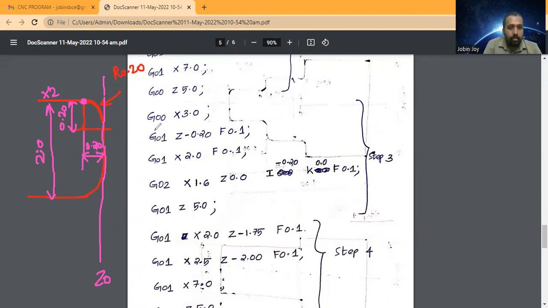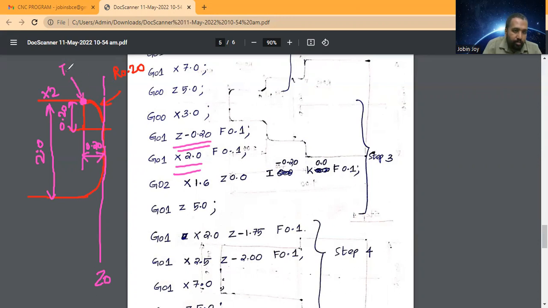Okay, so I will position the tool to Z minus 0.20. So this is Z0. So Z minus 0.20, and the X value is 2. So this is the tool's position here.